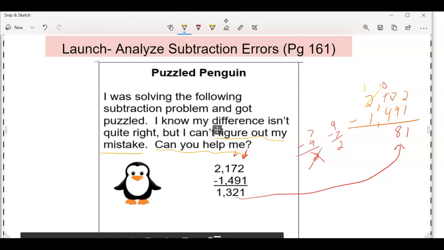So in the hundreds column, you have 10 minus 4, which is 6, and 1 minus 1 is 0. We don't need to put a number there because that has no value. So our answer is 681.